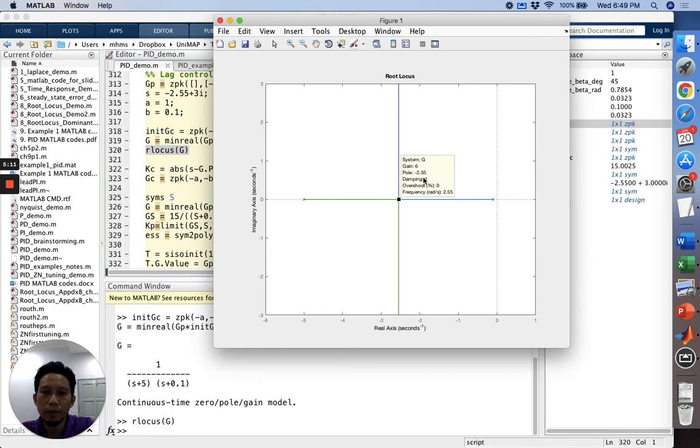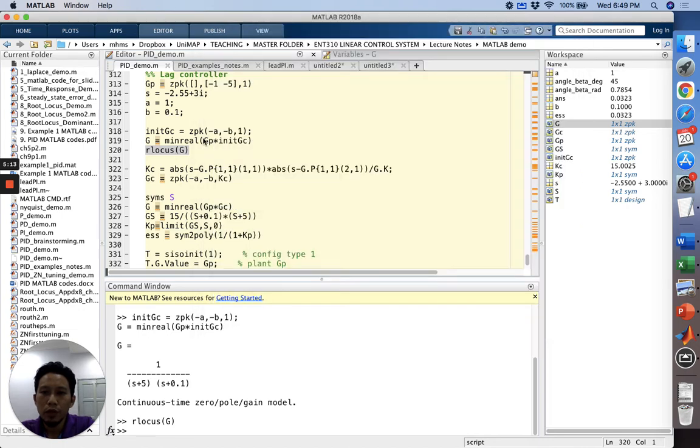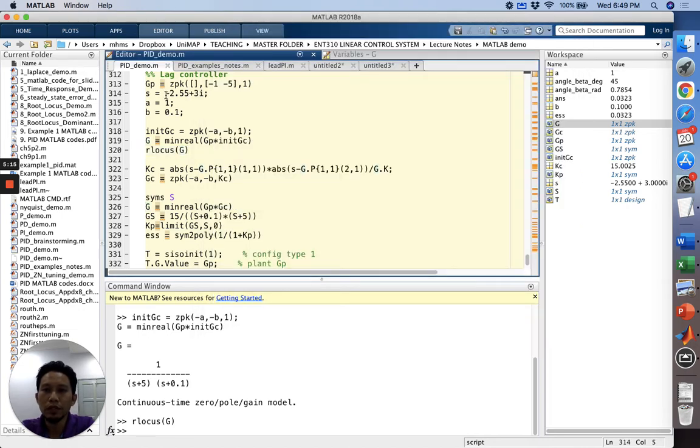That's why we have S equals negative 2.55 plus 3i, because we want the TP less than 1 second. And then we can calculate the value of Kc using this formula.